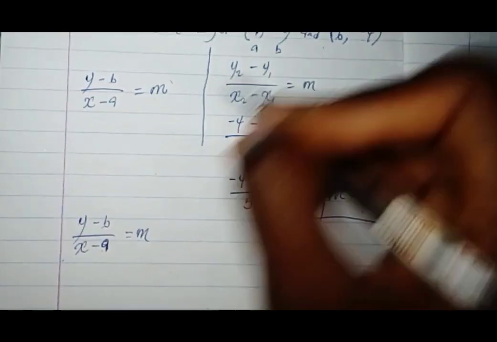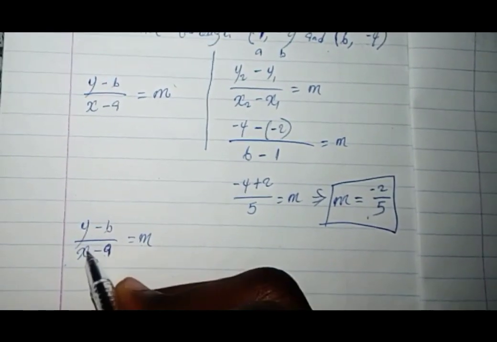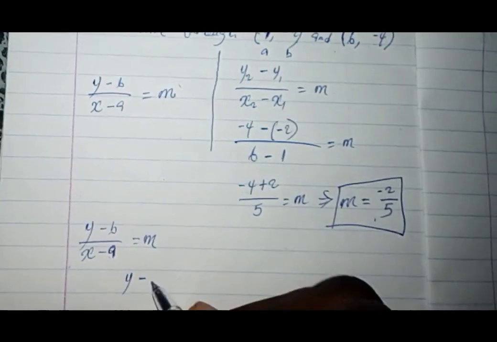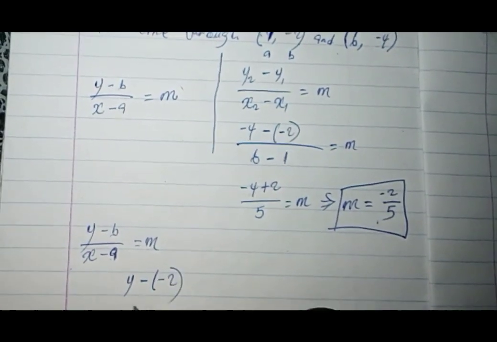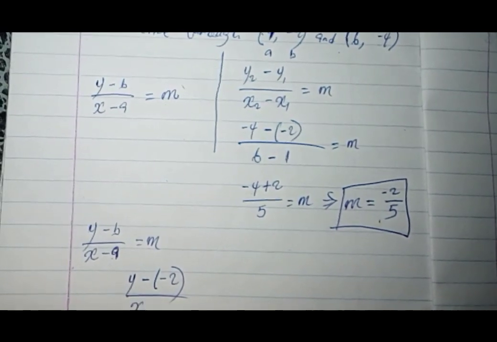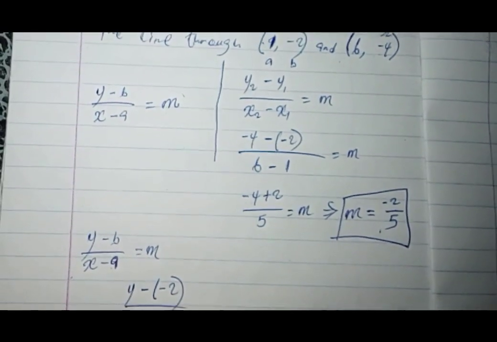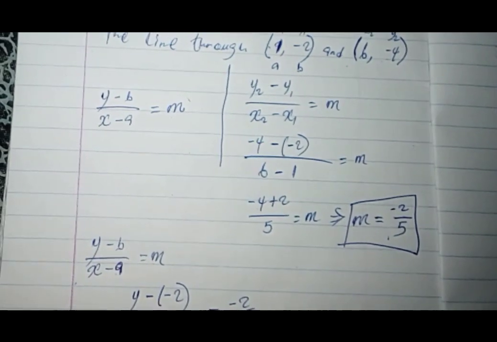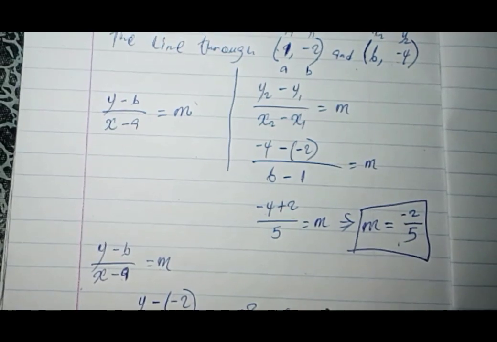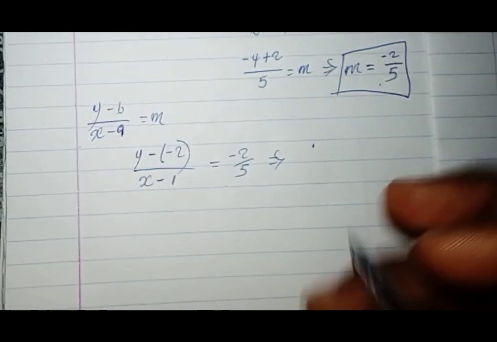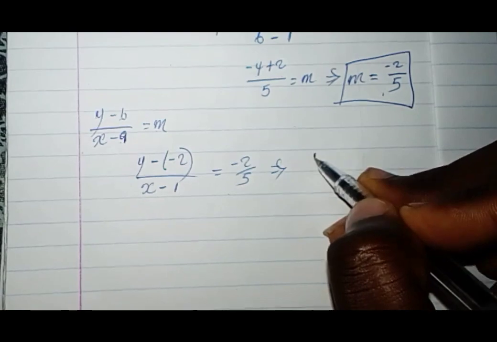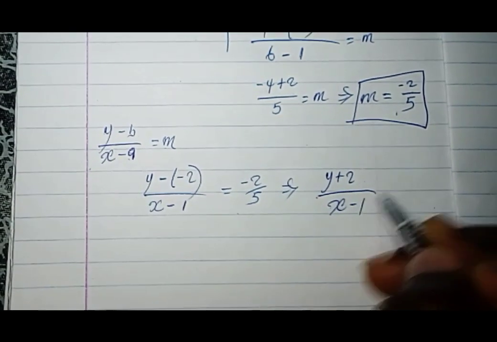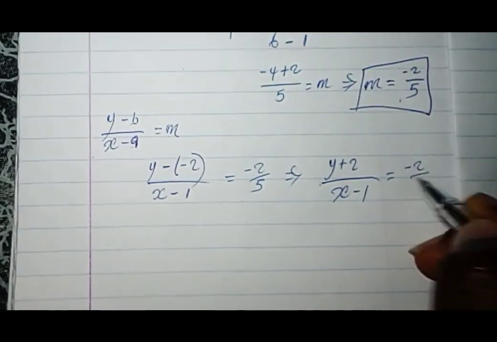So we come to the equation. We say y minus our b, that is minus 2, all over x minus a, which is 1, and this is equal to negative 2 over 5. So from this you have y plus 2 over x minus 1 equals negative 2 over 5.